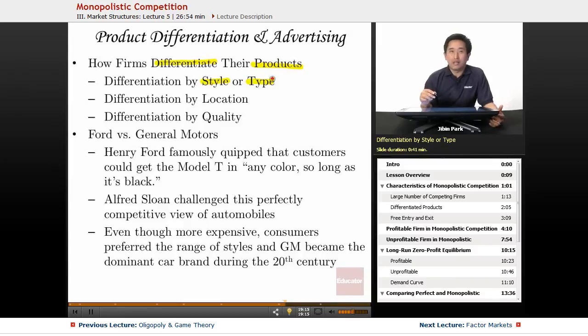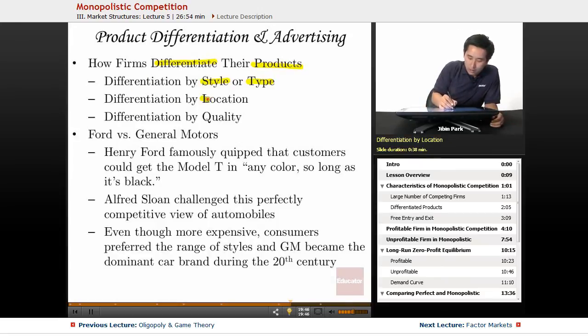For example, in the 1970s, when the airlines faced regulations in terms of price floors, all flights basically were charging higher than the equilibrium. So the way that they differentiated themselves was by style and type. And so airlines would try to get their customers to fly on their airlines by making their product better than other products.